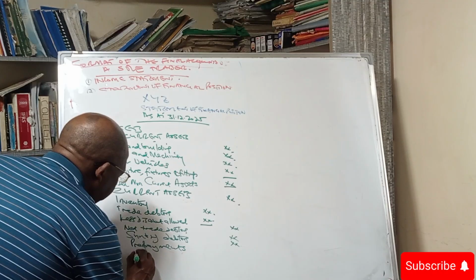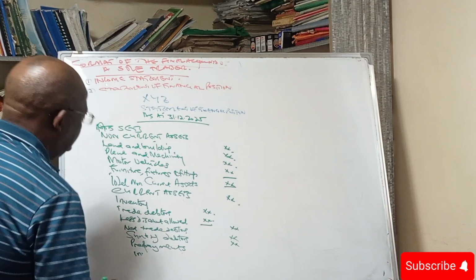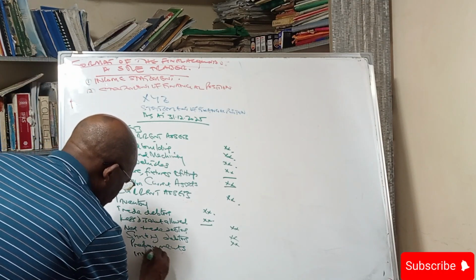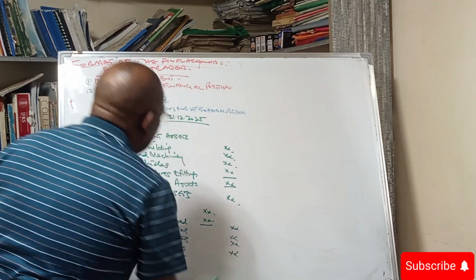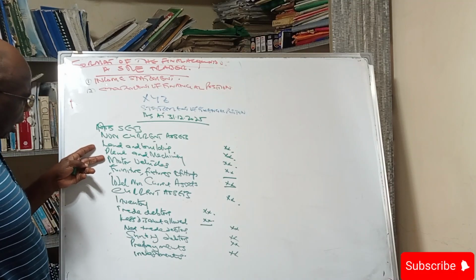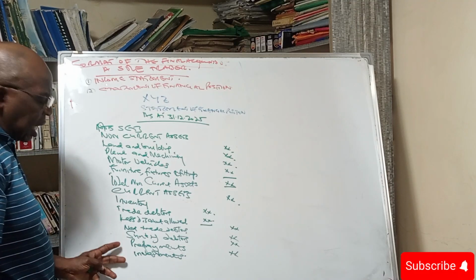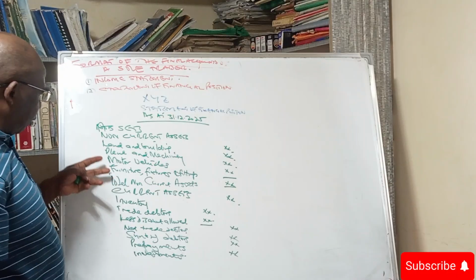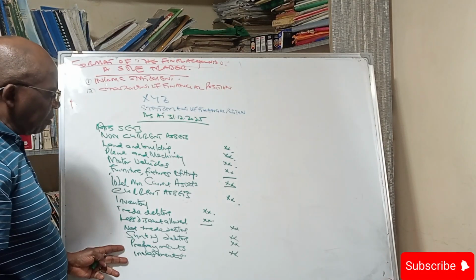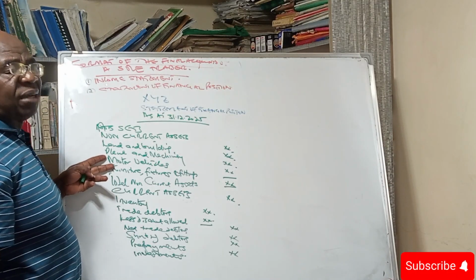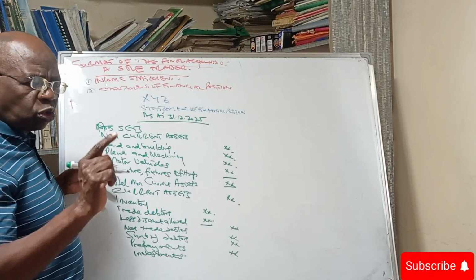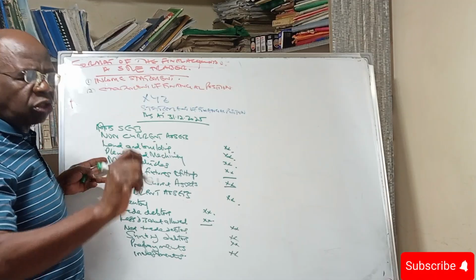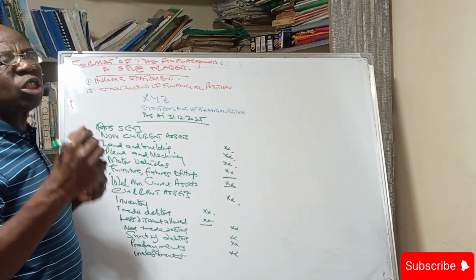By the way, we talk about investments. And I want to make it very clear that we can have non-current investments and current investments. Non-current investments are things like when you buy shares in a company and you do not want to dispose of those shares within the next 1 year.